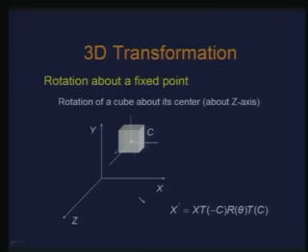If I have to do this, then I just have to make this point the origin, and in order to do this I need a translation. Once I translate this point C to the origin, I perform my regular rotation, and then I take this point back to where it was, then I am done.